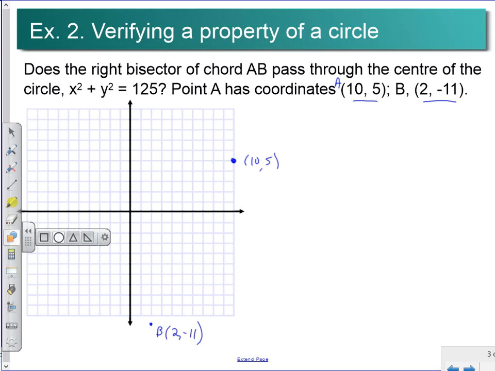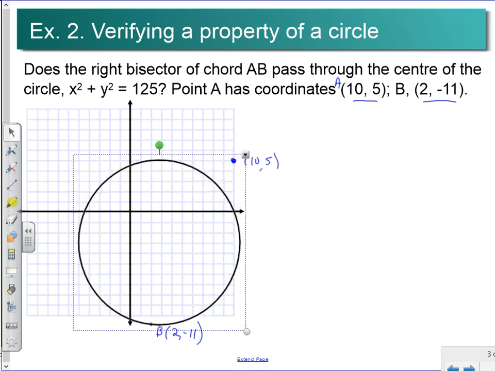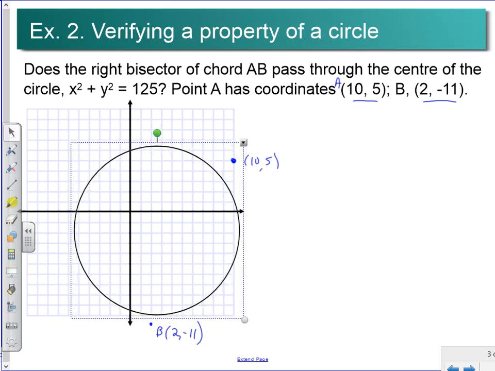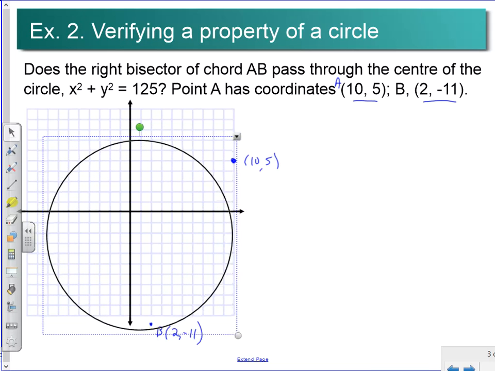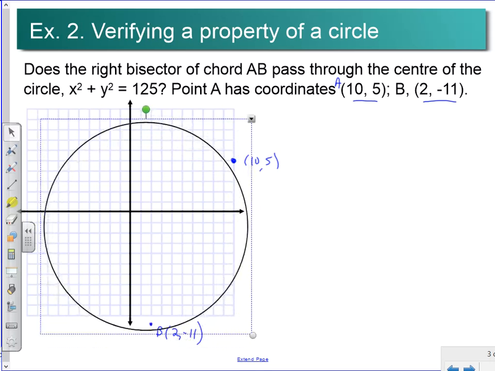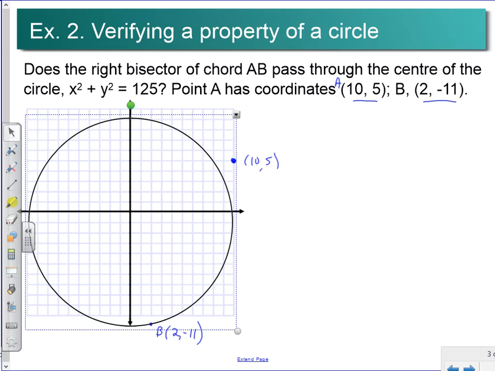Now it has to be centered at the origin, because we're working with circles in standard position. So we're just going to try to increase the size of that circle such that it's centered at the origin, but also going through those 2 points. And you can see that slowly but surely I'm getting there.